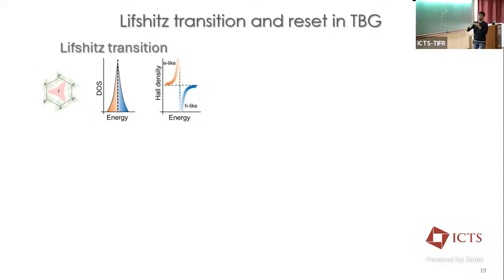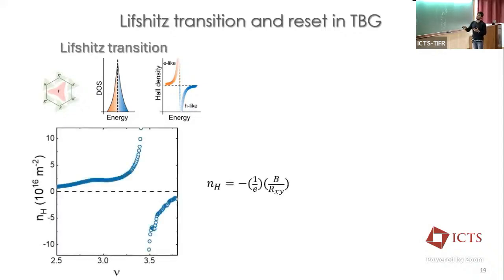Initially you have electron-like carriers, and from that particular point, they become hole-like. This is also known as the Lifshitz transition. The best way to probe it is to look at the Hall density. Near this 3.5 filling factor, we see a sign change.